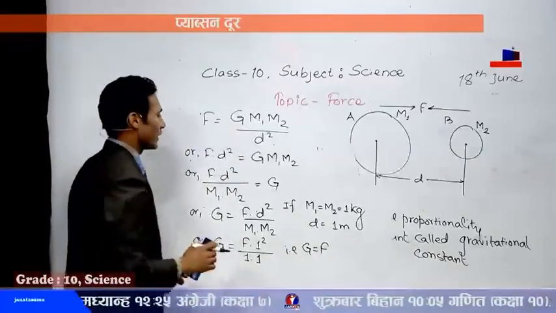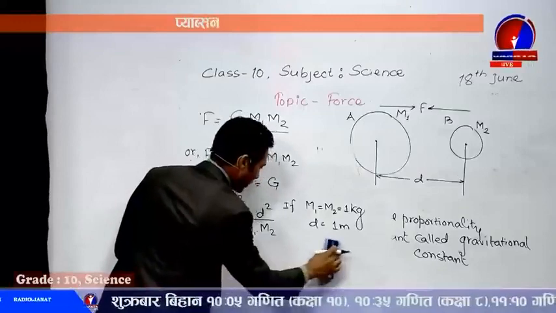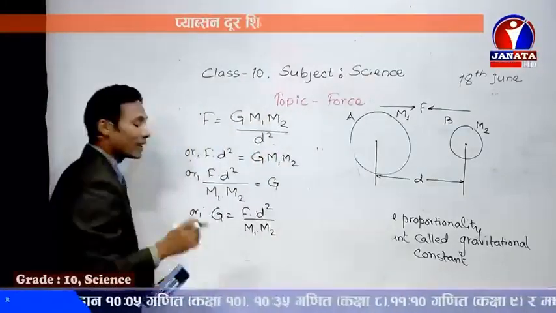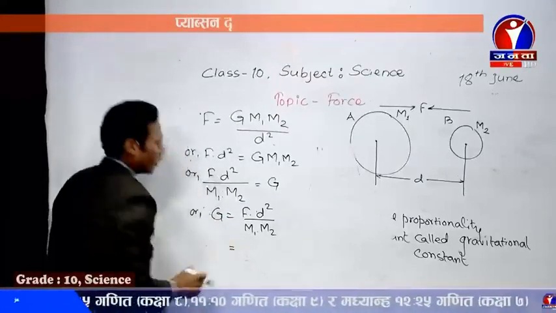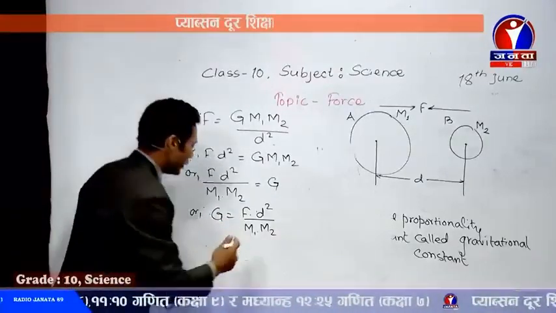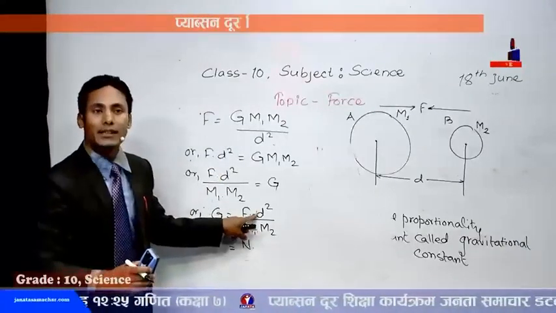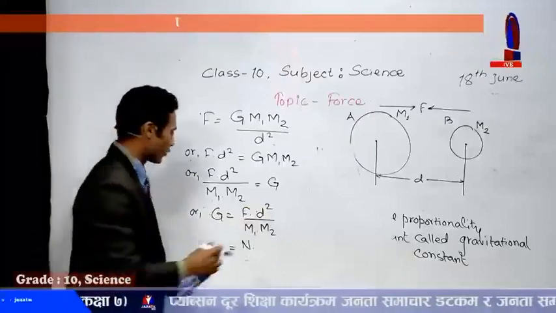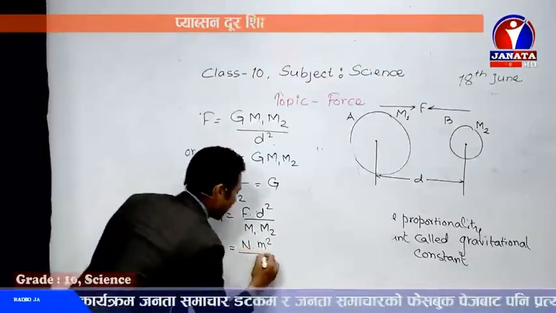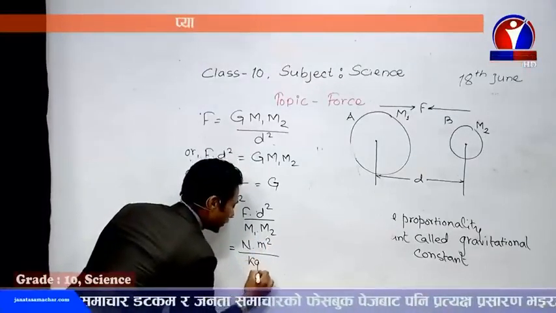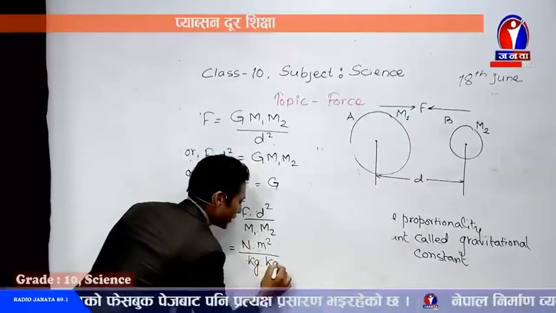So what is the unit of this gravitational constant? Let's see. The unit of force is the Newton, right? And the unit of distance is meter, but here a square is there, so we'll write meter square. And the unit of mass is kg, and another mass is left there, that is kg.